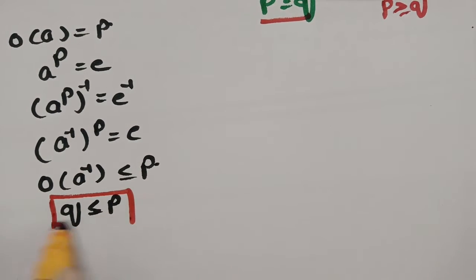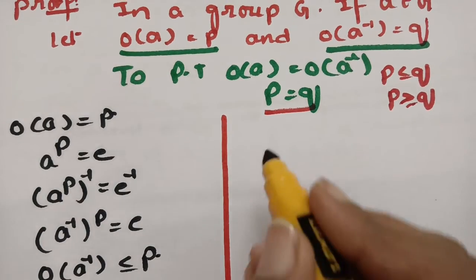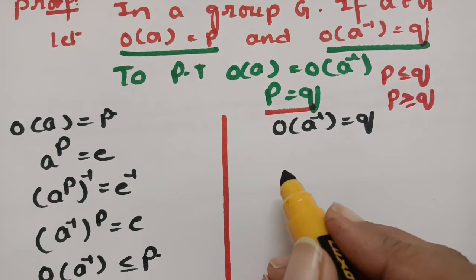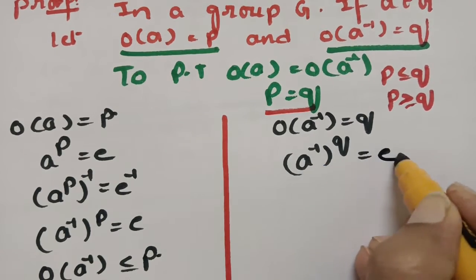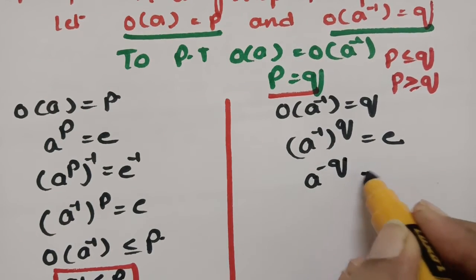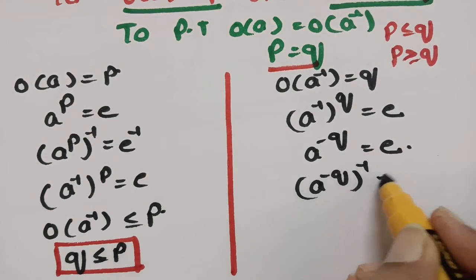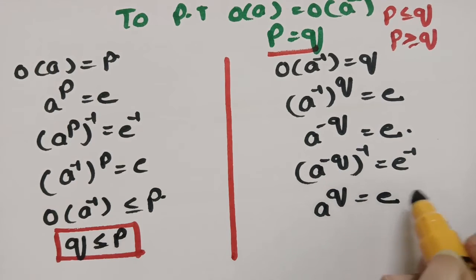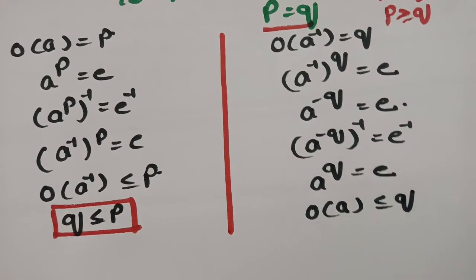Now this time I am considering order of A inverse is equal to Q. According to our definition, this can be written as (A inverse) whole power Q is equal to E, and this can be written as A power minus Q is equal to E. If I apply inverse on both sides, this is A power Q is equal to E. So this can be written as order of A less than or equal to Q, according to our definition.